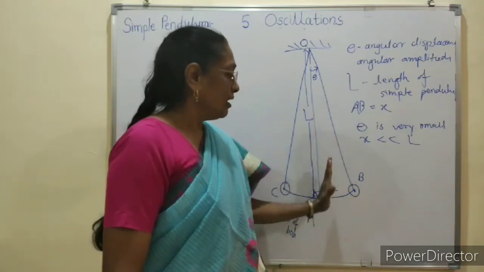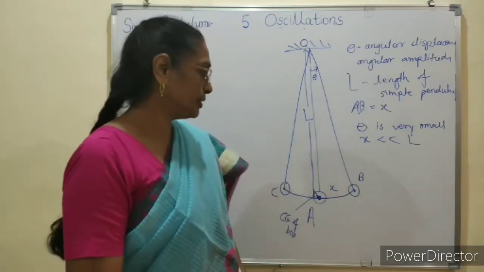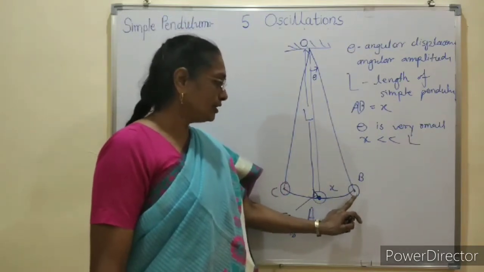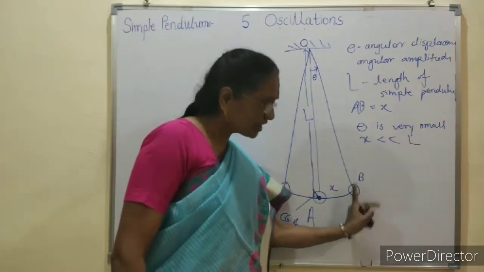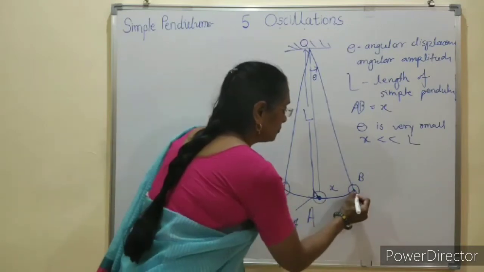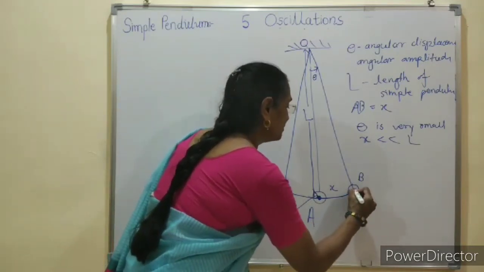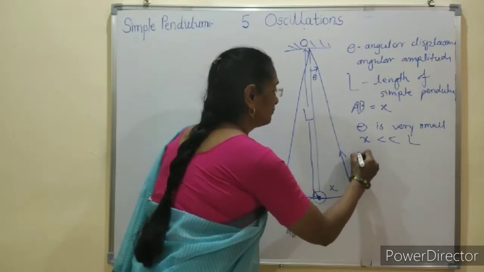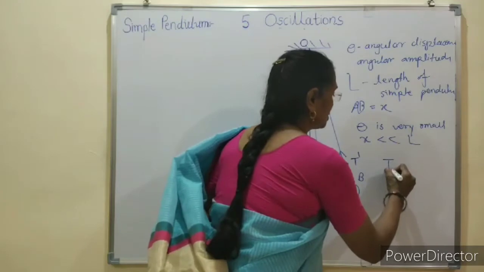So once we have such arrangement, we can show the forces acting on the bob in this displaced position, means this right extreme position. So the first is that there is tension in the string. It is denoted by T dash.